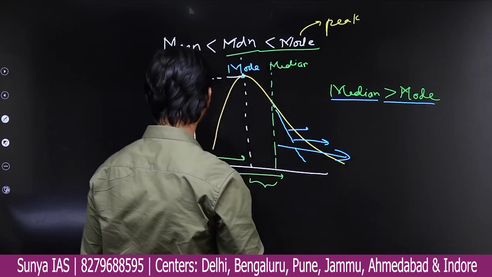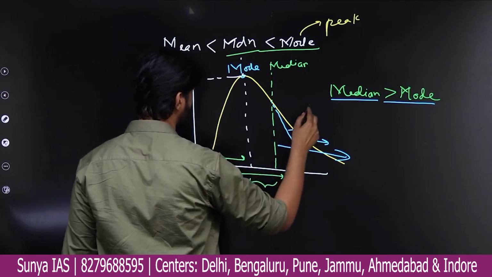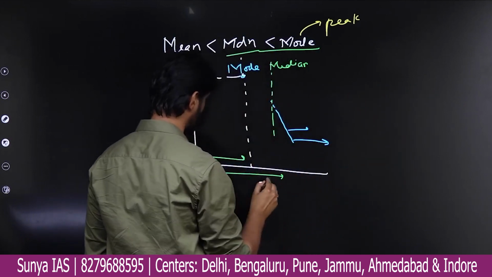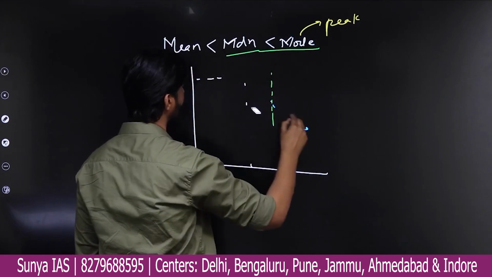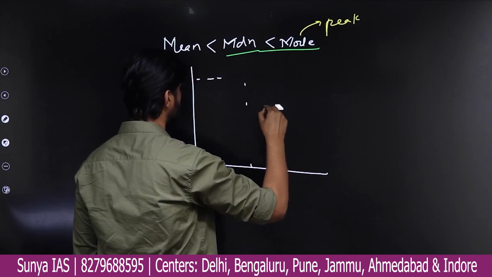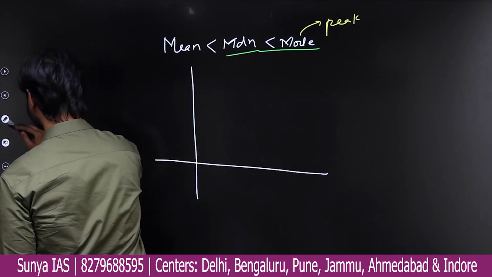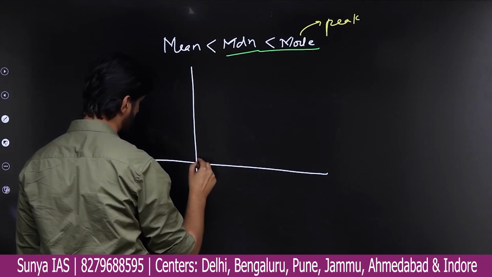Now let us talk about the case in which our question is framed. Our question says that here we have mode greater than the median. So let us talk about that case now. We have mode as the value which is having the maximum repetition.